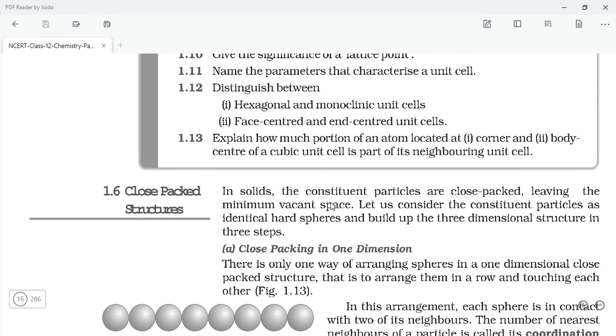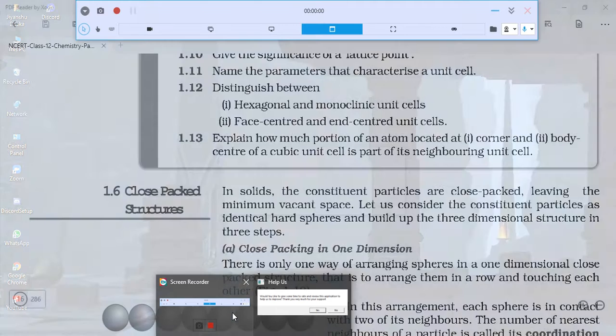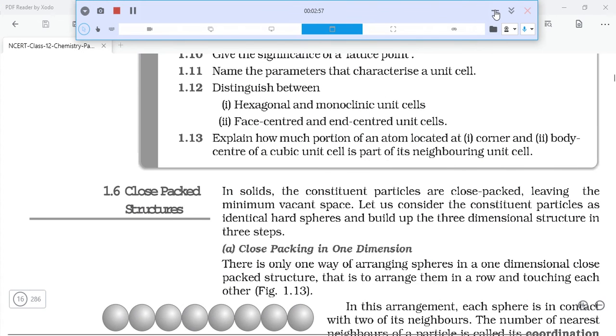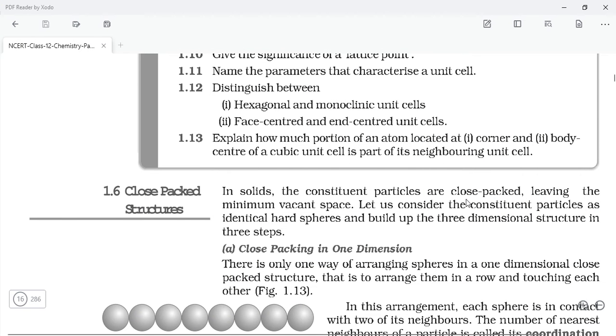Close packed structures. Close packing in one direction. In solids, the constituent particles are close packed. That's why they are solid. There is not enough movement between the atoms, and there is minimum vacant space between the atoms.